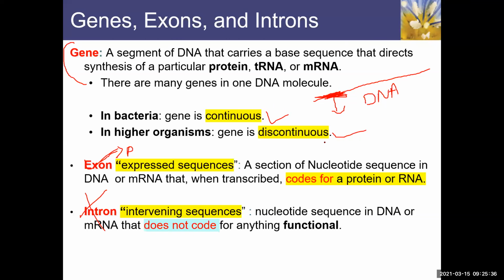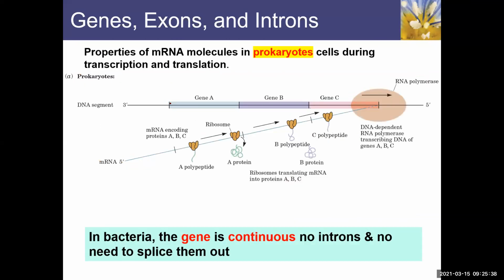If you see, this is a bacterial gene, wherein this is gene A, which produces protein A. This is gene B, which produces protein B. This is gene C, which produces protein C.